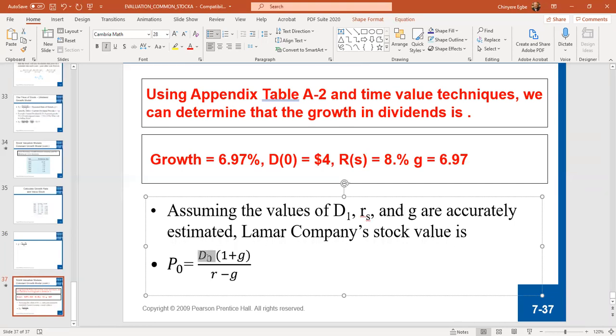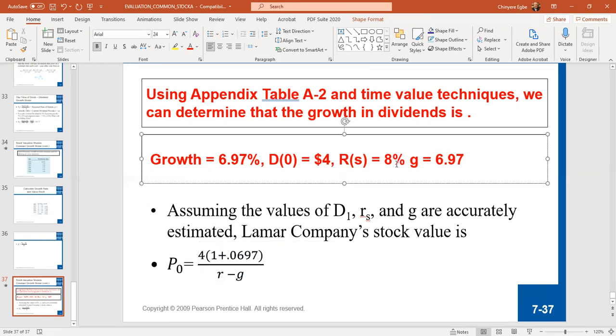Our D naught is $4, and the growth rate is 0.0697, and our required return is, like I said, 8.8%.